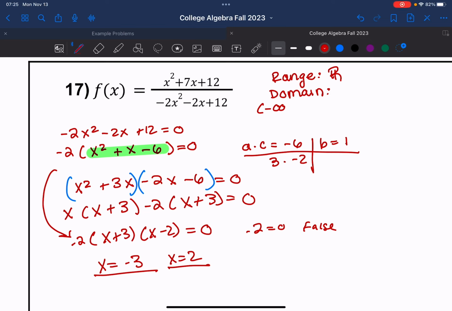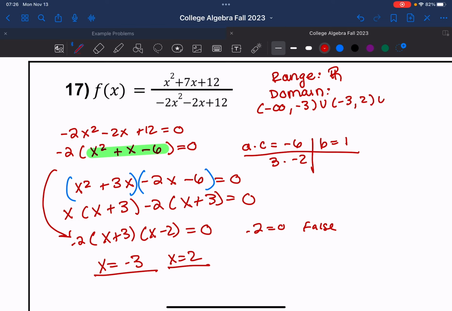Okay. So going back up to the domain, we do -infinity and then our smallest number, which is -3. Parentheses, union. Remember, we always start with that number that we just wrote. So I'm going to start with -3, and I'm going to go to my next number, which is 2.